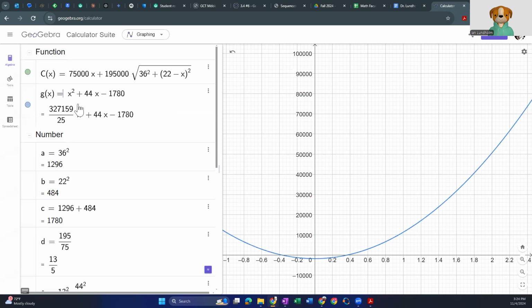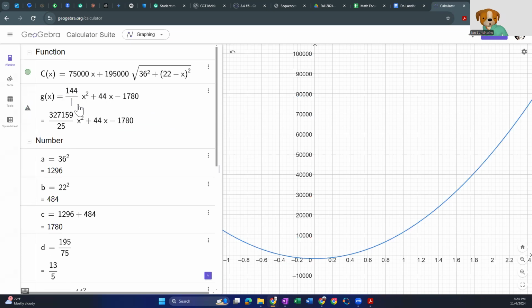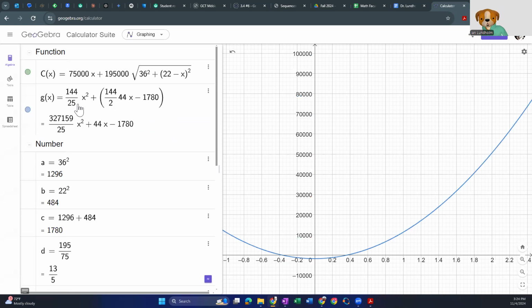So let's not do this fraction. This fraction should be 144 over 25. And then this should be 144 over 25 times 44. And then this should be that, but plus 169 over 25 times 44.